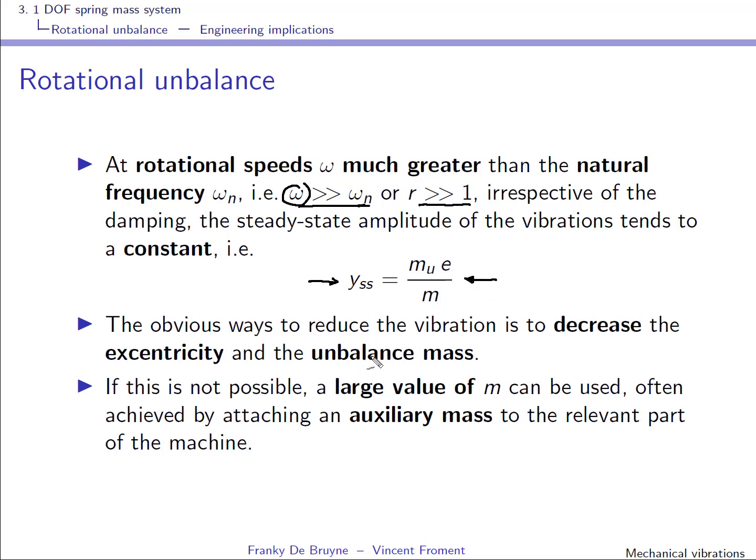Okay, and it's obvious that if you want to reduce the magnitude of the displacement, well, you should of course decrease the eccentricity mass. You should of course decrease the eccentricity. If that's not possible, one thing that you can do is take a large value of m. Okay, this can be often achieved by attaching an auxiliary mass to the relevant part of the machine.